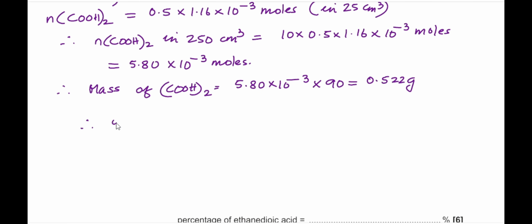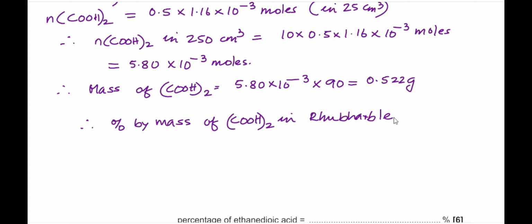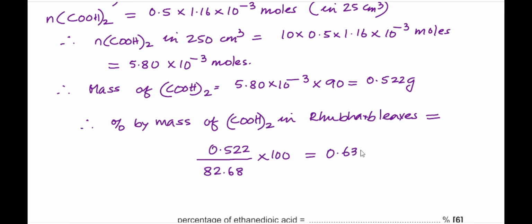Lastly, therefore, percentage by mass of ethane dioic acid in rhubarb leaves is equal to, let's put this mass in the numerator and put 82.68 in the denominator, multiplied by 100 to write it as a percentage, and we get 0.63134 percent.